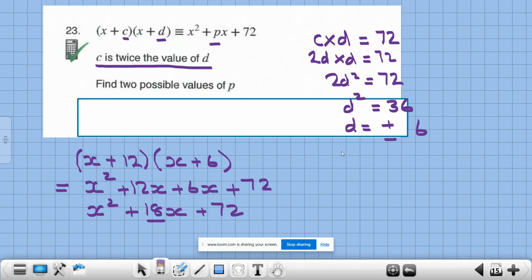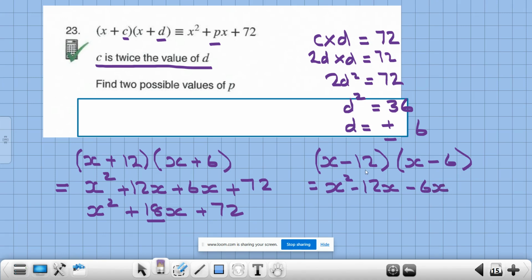Now we have to go back and think of the second scenario, which is that d is minus 6. And that would give us (x − 12), because c is twice as much, times (x − 6). And in this one, we are going to get x² and then −12x − 6x.